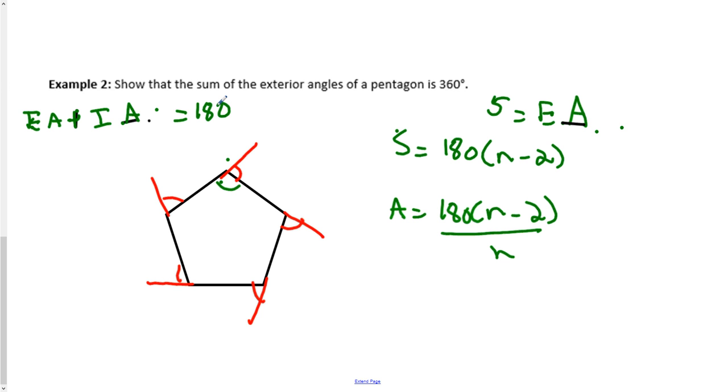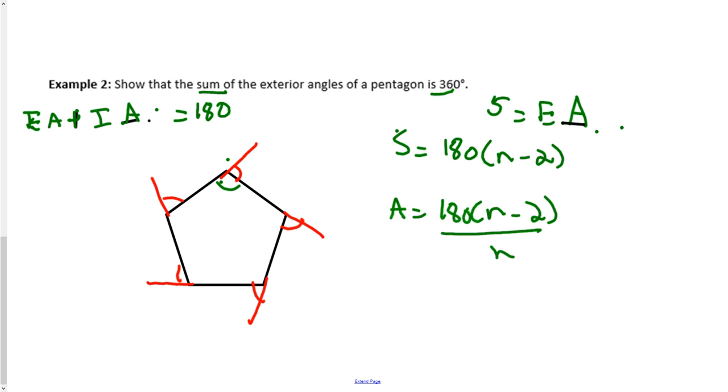So if I can find one interior angle, I can then find the exterior angle, and then I could just multiply it by 5, and that's going to give me the sum of all my exterior angles, which I'm looking for here, and I'm hoping that it's going to turn out to be 360 degrees. Fingers crossed. All right, so let's work that out.